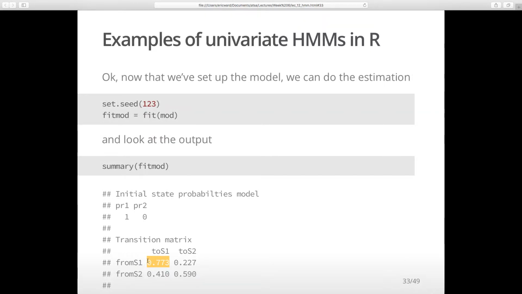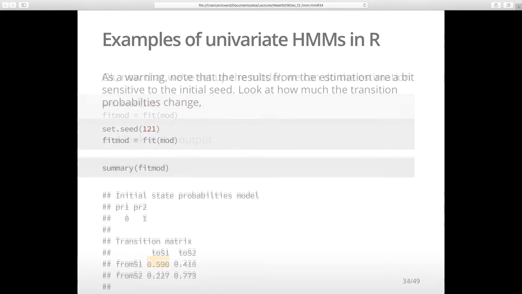The probability of transitioning from 1 to 1 was 0.77 and 0.59 for state 2 to state 2. If we just change the seed, that 0.77 changes to 0.59, and these essentially swap. So we get very different answers or interpretations of what those states represent.